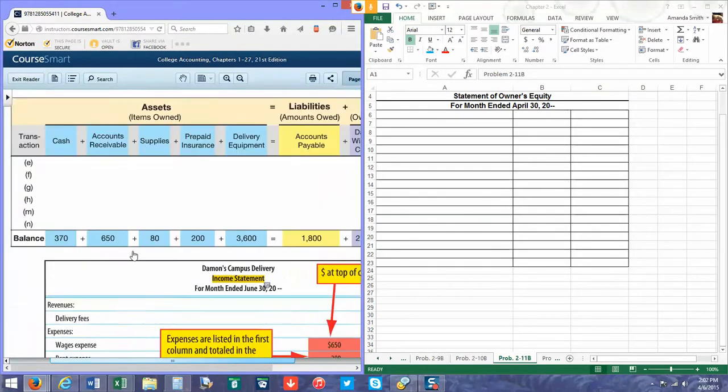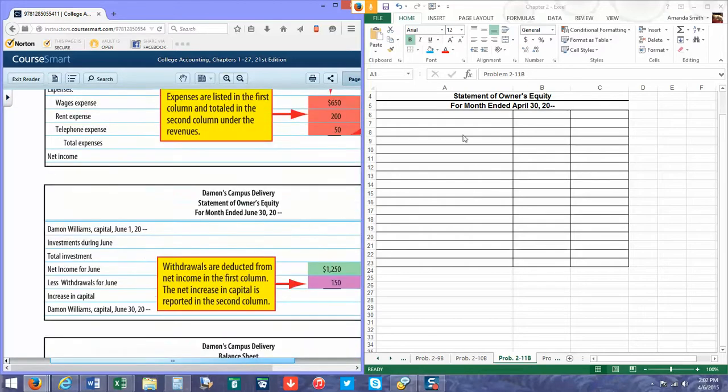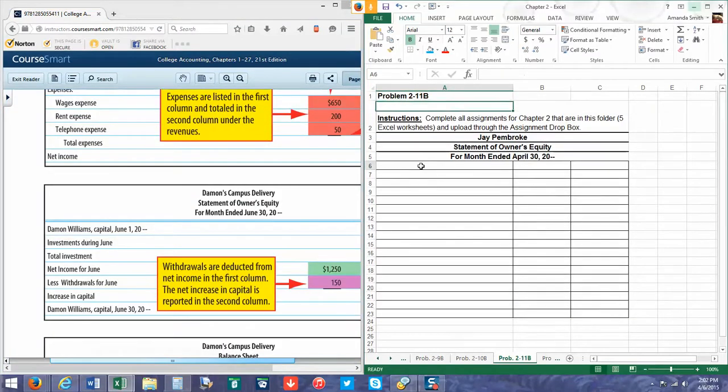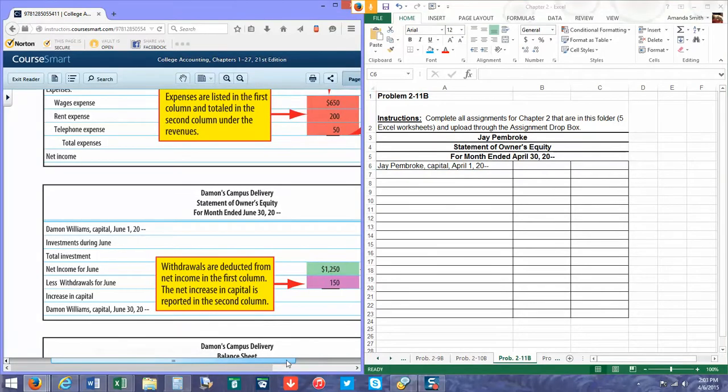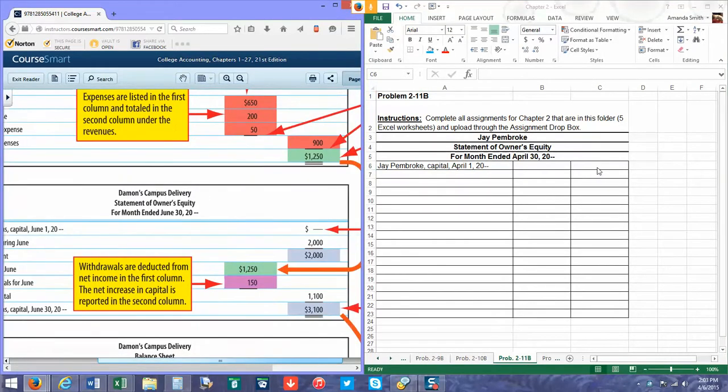So we're just going to scroll down. For when you do your homework, it's going to be J. Pembroke, capital, and then it's going to be April 1st and whatever year you want to put. We know at the beginning of the month there was no capital in the account in the business, so that's going to be a 0.